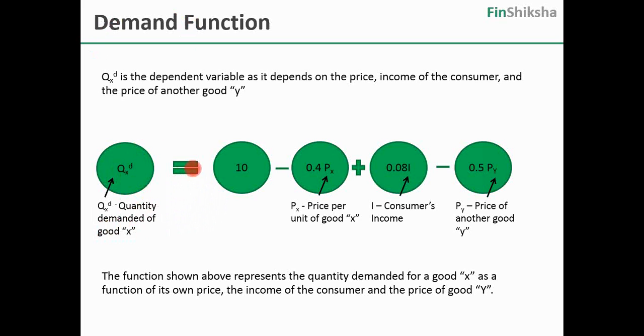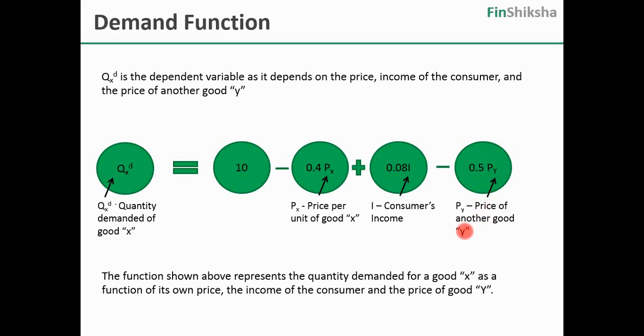This is the equation, a linear equation that we are assuming here, that depends on some constant and three variables as we have outlined them. The number of variables in reality could be higher, but to keep things simple, we start with three broad variables. Px is the price per unit of the good X for which we are looking at the demand. I is the consumer's income, and Py is the price of another good Y. Correct?